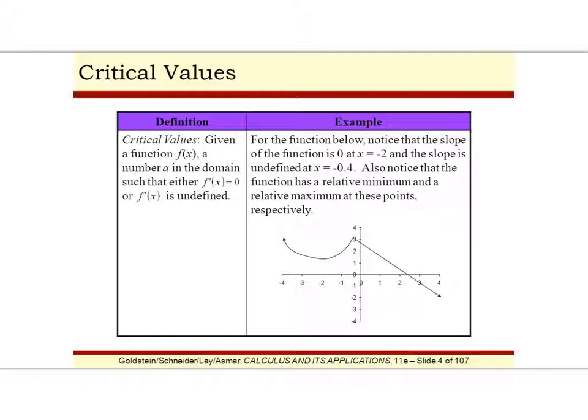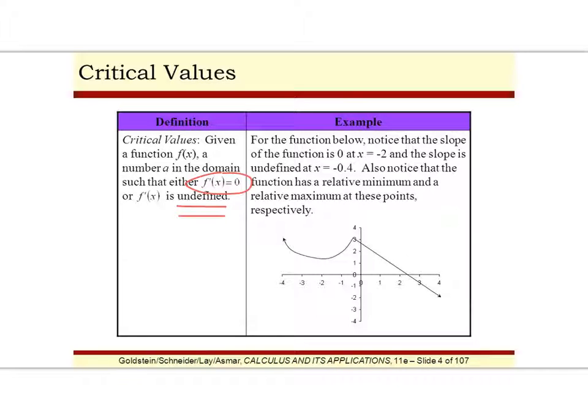So we talked about an absolute max and min, a relative or local max or min. We also have what we call critical values. And critical values kind of encompass a lot more. So a critical value is for any value of a in the domain, either the derivative equals 0 or it's undefined. And a lot of times we forget that one. So it's either equal to 0 or it's undefined.